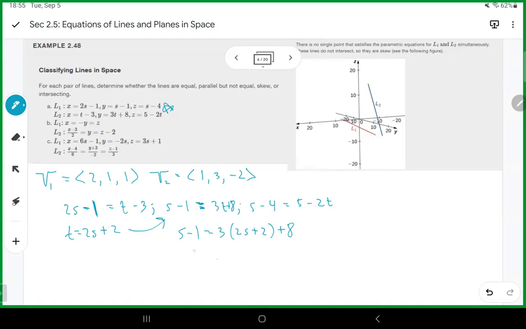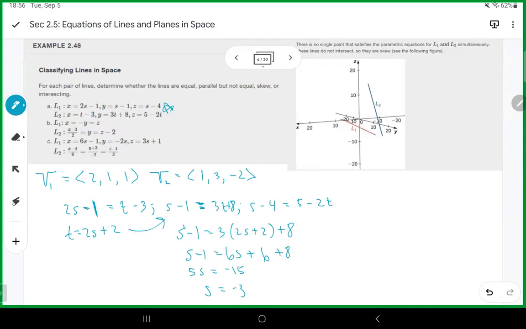And we work that out, we'll end up with 5s. Oops, skipped a line. Anyway, s minus 1 equal to 6s plus 6 plus 8. That's going to be 5s equal to minus 15. So s equals -3.